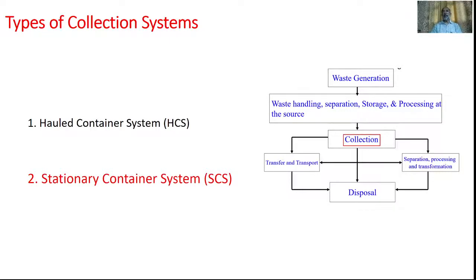We have been discussing the functional elements of solid waste management. So already you know how the waste is getting generated, where it is getting generated, how it is getting processed at the point of generation, and its subsequent handling and storage.